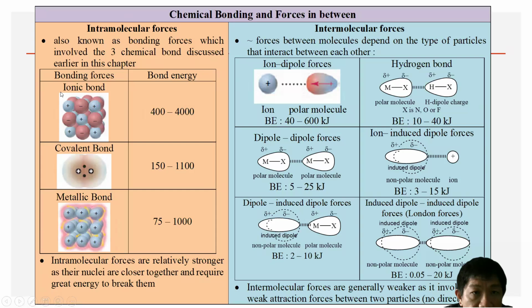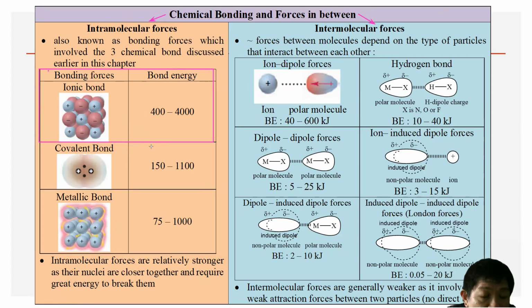So, generally, chemical bondings can be divided into two categories, which include intramolecular forces and intermolecular forces. Intramolecular forces are also known as the bonding forces, which involve all three chemical bonds that we discussed so far. We have already discussed the ionic bond, which has the highest bond energy among the three.